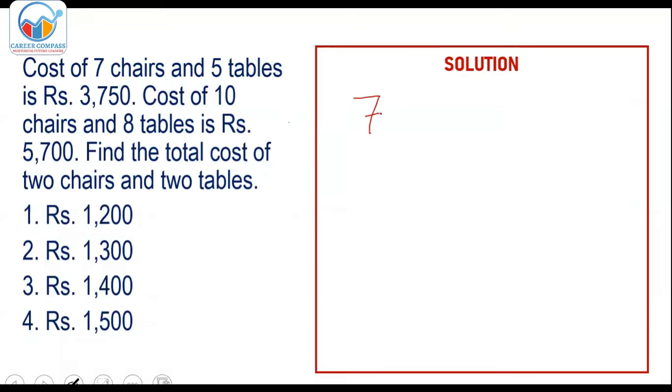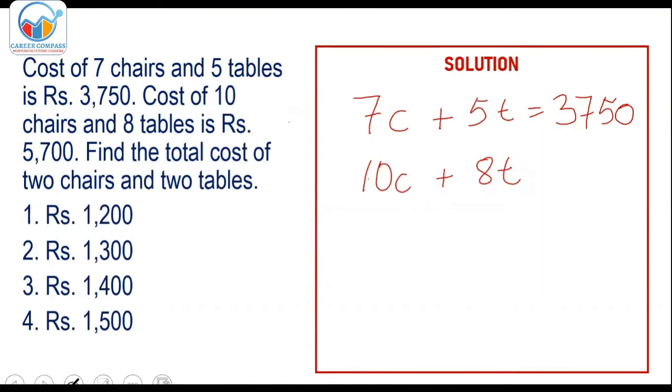We are talking about 7 chairs and 5 tables on one side, which are costing 3750. And also we know that the cost of 10 chairs and 8 tables is going to cost 5700. So rather than solving by a conventional simultaneous equation and then finding the value of c and t separately, which can be done of course, you should first observe the coefficients.